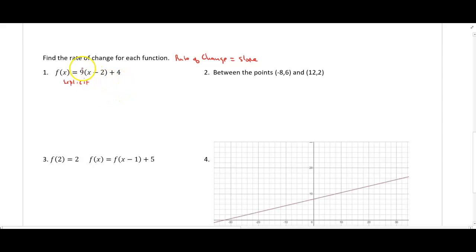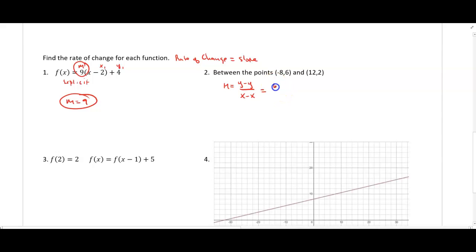And remember, the rate of change, this is m, this is x1, this is y1. So what is my rate of change or slope? 9. If I want to find the rate of change between 2 points, remember the formula is y minus y over x minus x. It doesn't matter which way you start as long as you subtract in the same order.